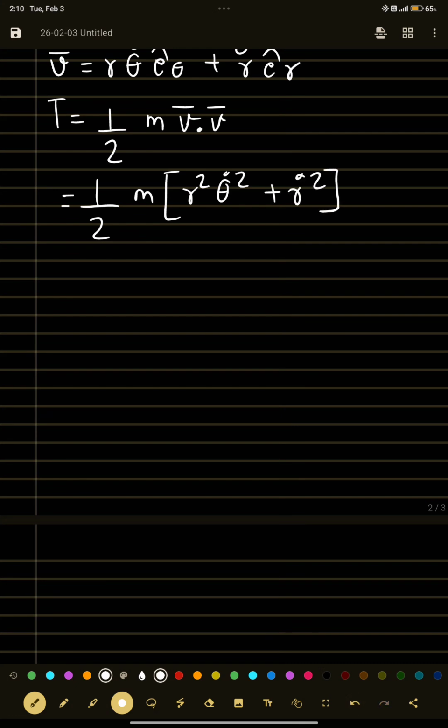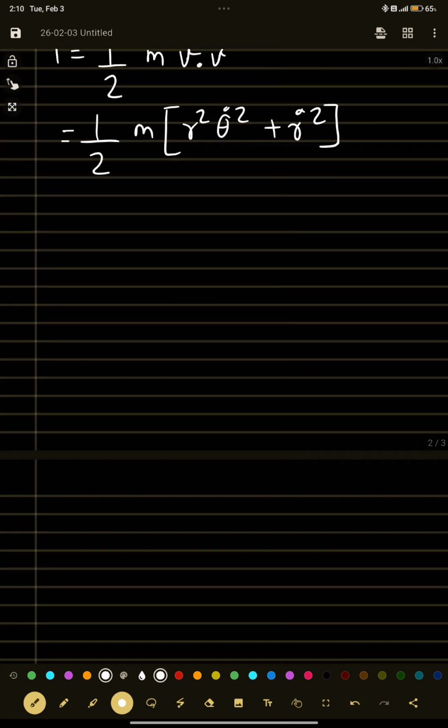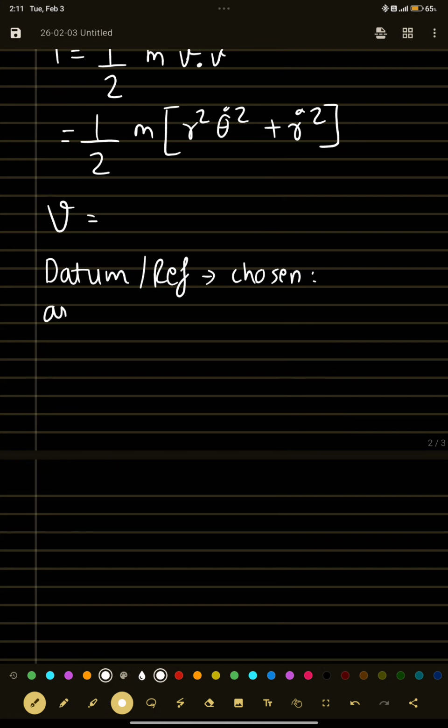The way we define potential energy, if you recall, we take a datum, like we have always said: a datum or reference for potential energy must be chosen. It is chosen as V equal to 0 when r tends to infinity.